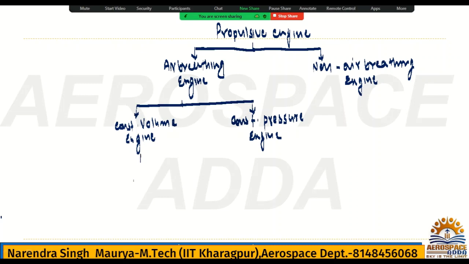Here, these are the IC engine and Wankel engine.